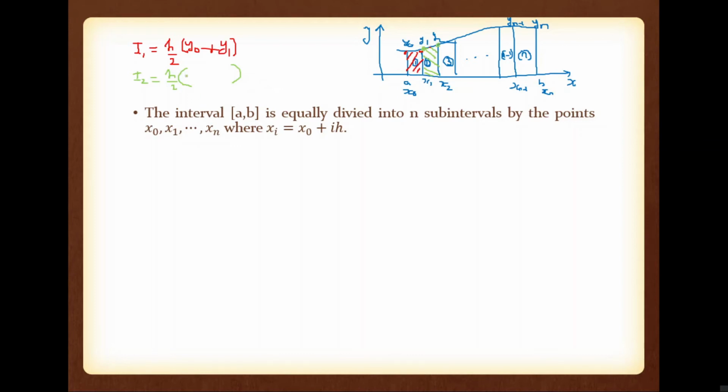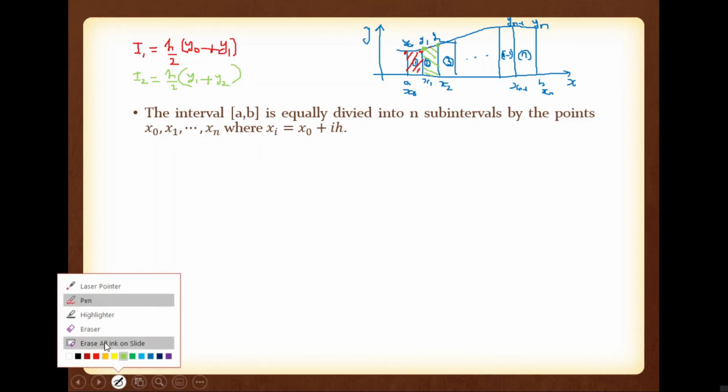So the second interval is y1 plus y2. If we are applying the trapezoidal rule on the second segment, then I2, the corresponding numerical integration, is equal to h by 2 into y1 plus y2. Is it okay? So now, what about the next segment?